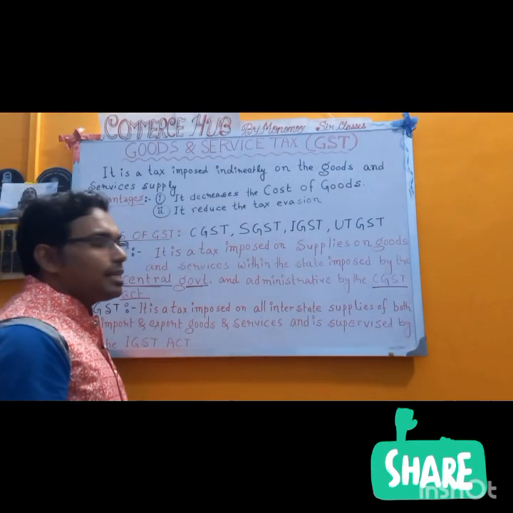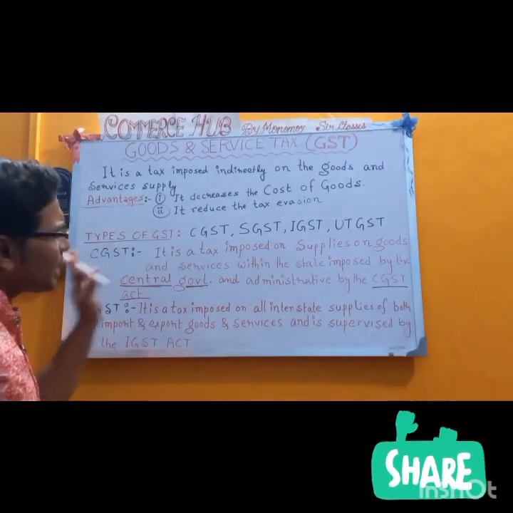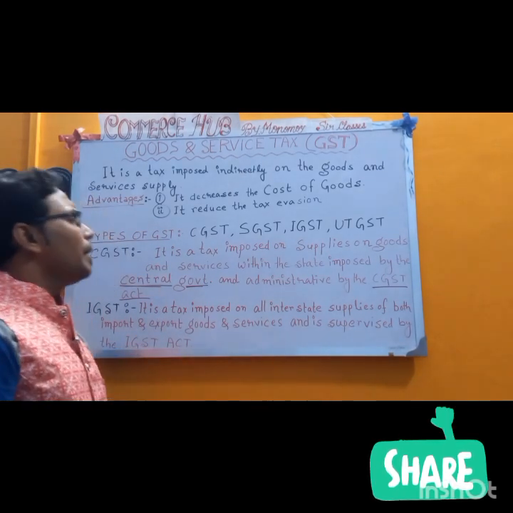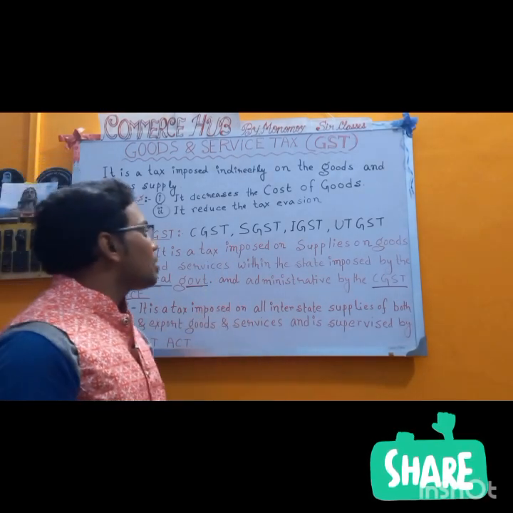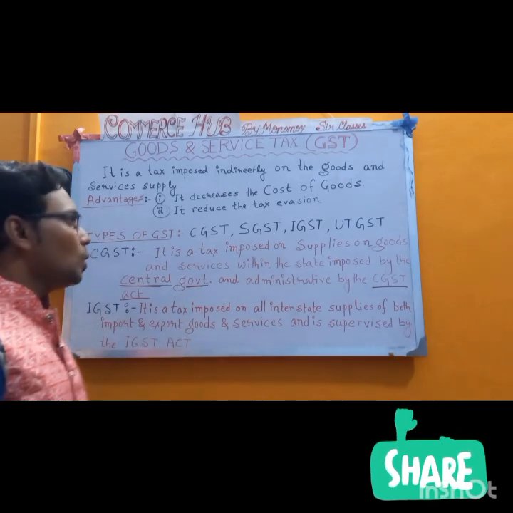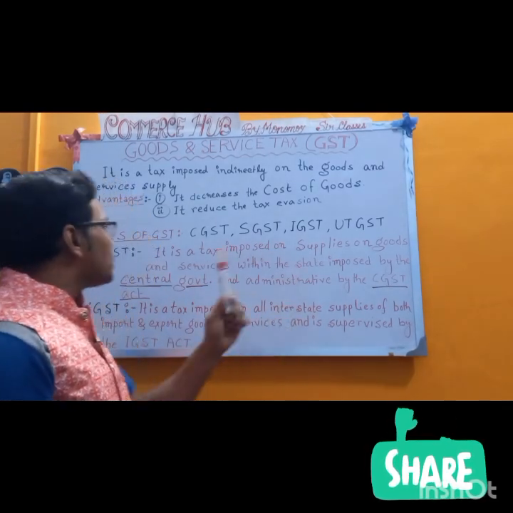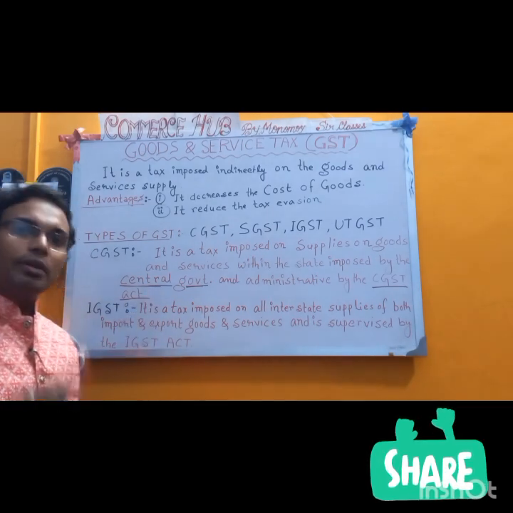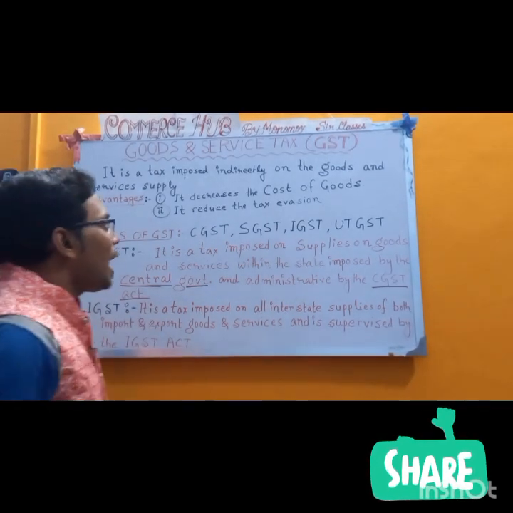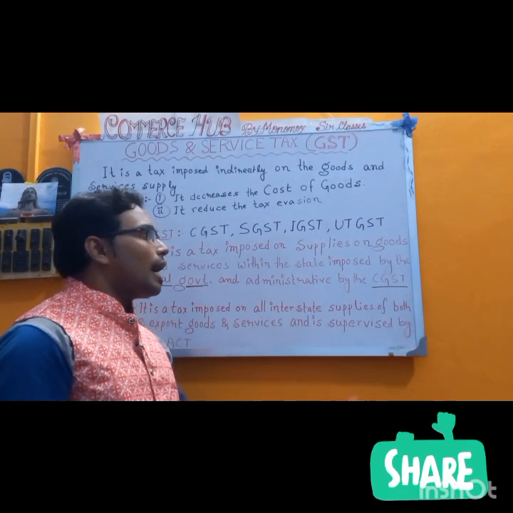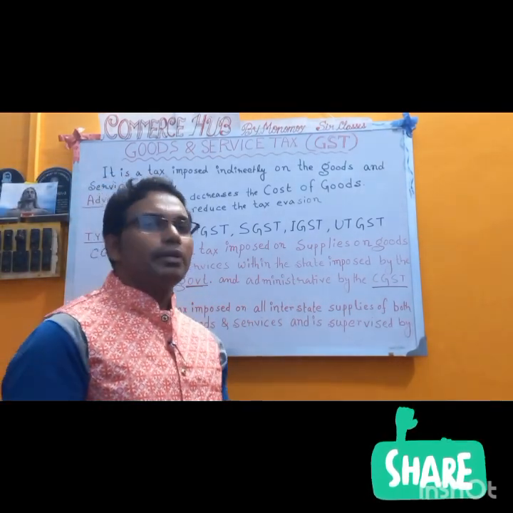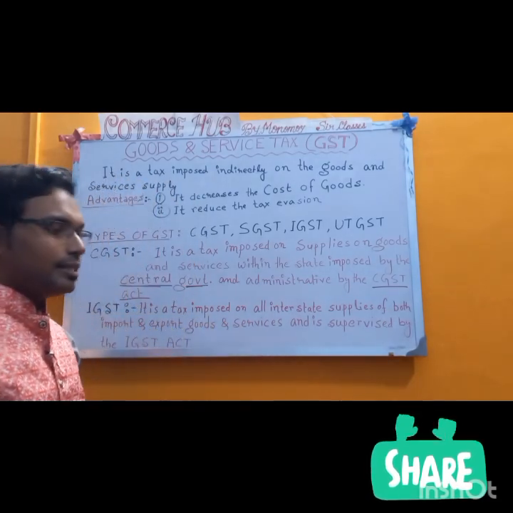What about SGST? SGST is the same thing. Here you can write down: it is a tax imposed on suppliers of goods and services within the state, imposed by the state government. Here instead of central government you will write state government, and administered by the SGST Act. Okay, so that is the basic difference of CGST and SGST.